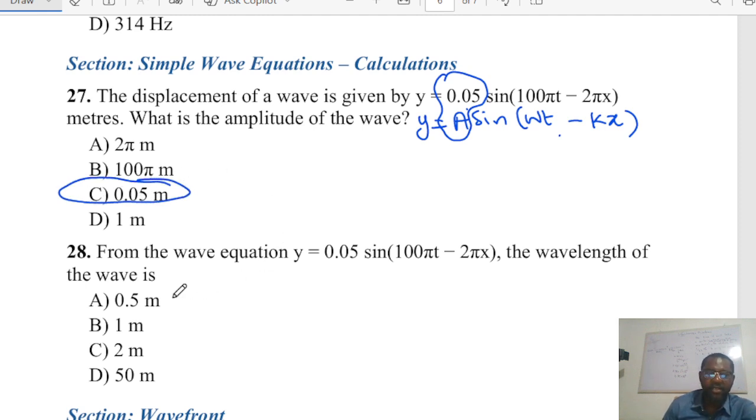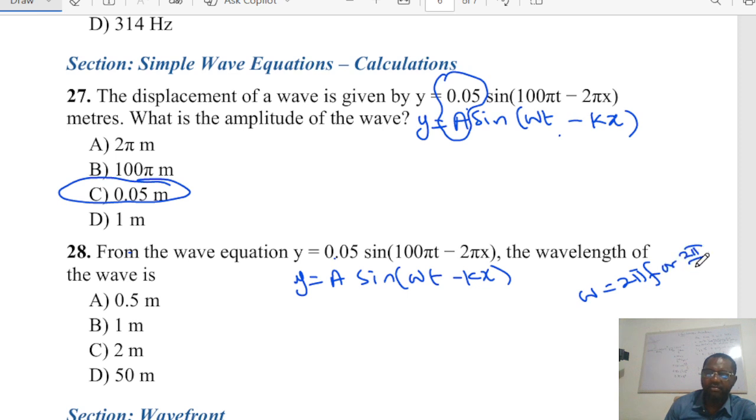Now the next one is like the first one. From the wave y equals this, if I want to find the wavelength, I write the equation again: y equals A sine (omega t minus kx). What you should know is that the formula for omega is 2 pi f, or 2 pi over period.